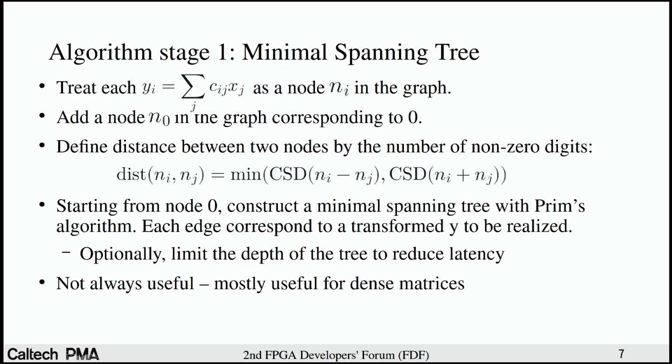But this part needs some scanning, basically. And the reason we didn't do an iterative algorithm like HCMVM is that it would be too computationally costly, and doing a minimal spanning tree is basically instant with a complexity of n squared.